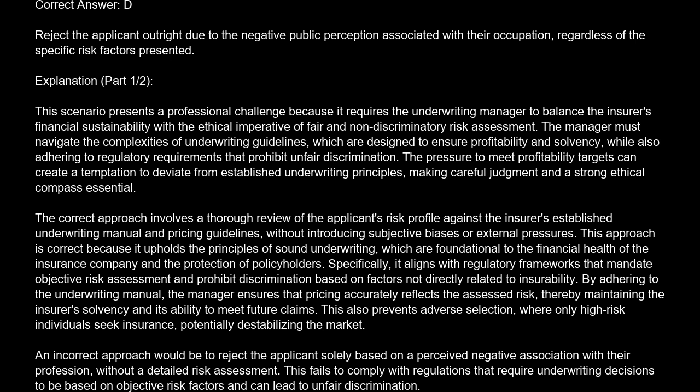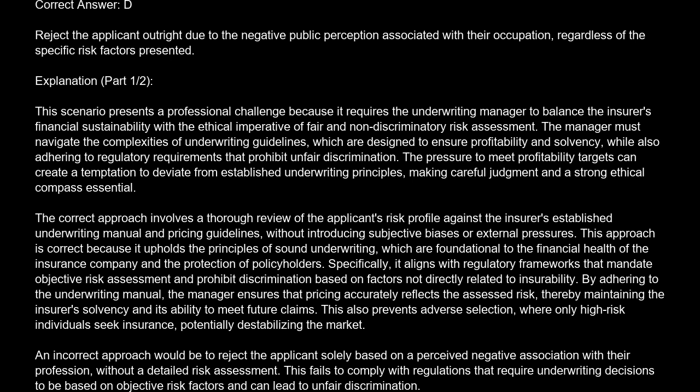The correct approach involves a thorough review of the applicant's risk profile against the insurer's established underwriting manual and pricing guidelines, without introducing subjective biases or external pressures. This approach is correct because it upholds the principles of sound underwriting, which are foundational to the financial health of the insurance company and the protection of policyholders.